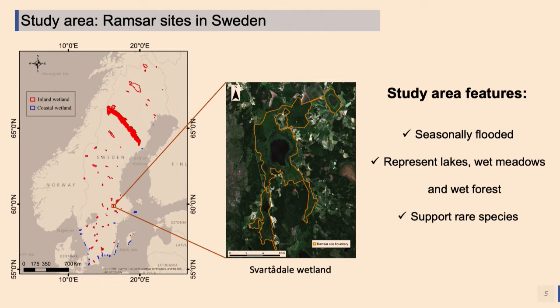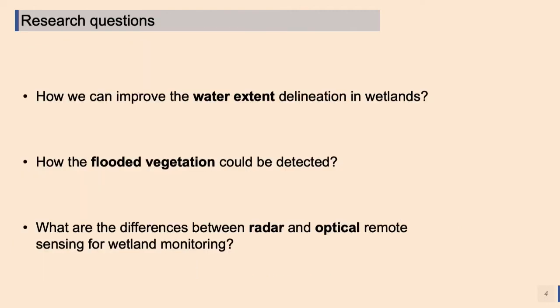Another specific feature of this wetland is that it's a mixture of lakes and vegetation, and we can see the interaction between the water and vegetation. And of course, like most wetlands, it supports rare species.